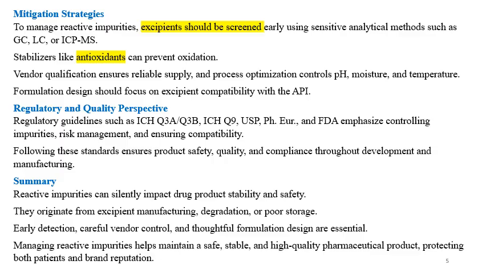You can also perform excipient compatibility with different vendors in different concentrations or different grades and check whether the impurities are being formed or not. Managing the reactive impurities helps to maintain the shelf life, make stable formulations and high quality pharmaceutical products, protecting both the patients and the brands.